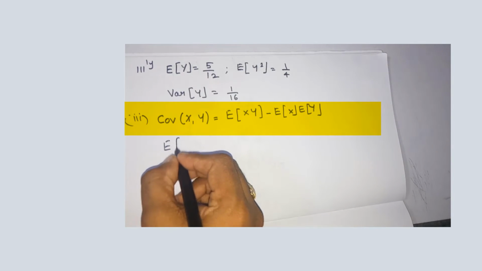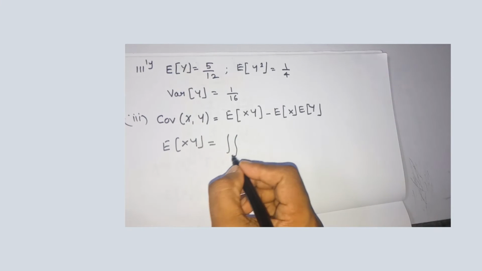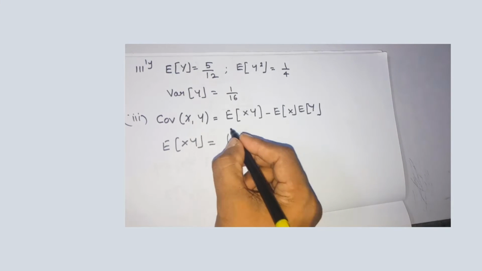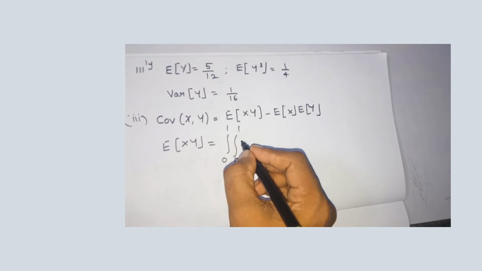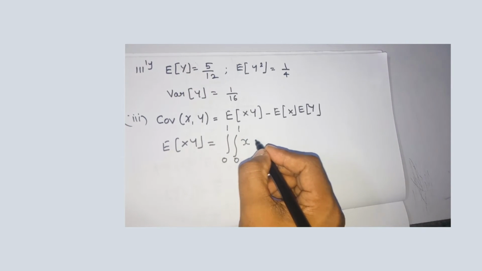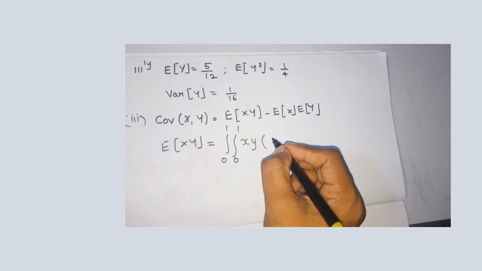The expected value of xy can be obtained as a double integration. We have the limits for x as 0 to 1. For y, what limit? 0 to 1. Over here, x y into the function. What is the function given in the question?